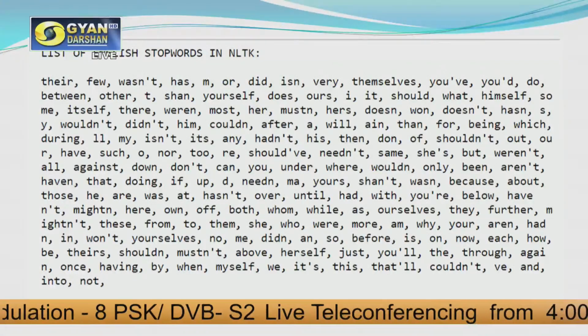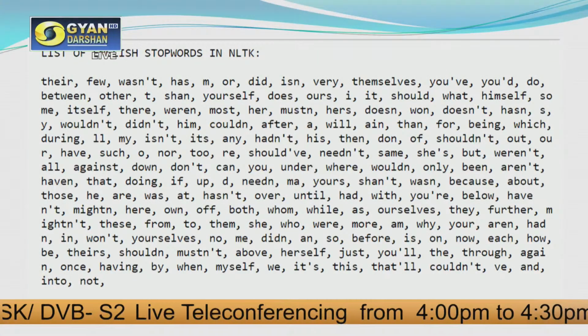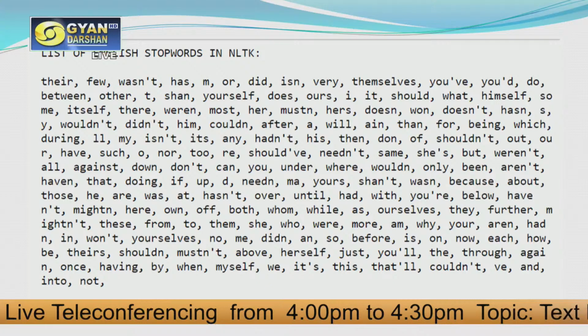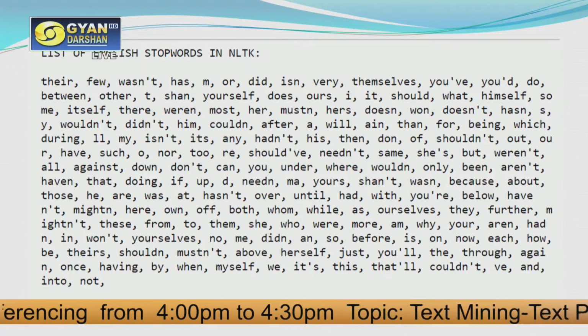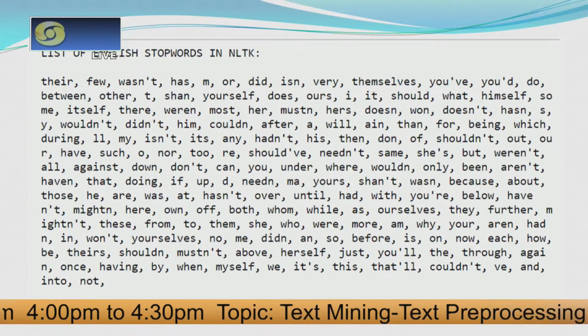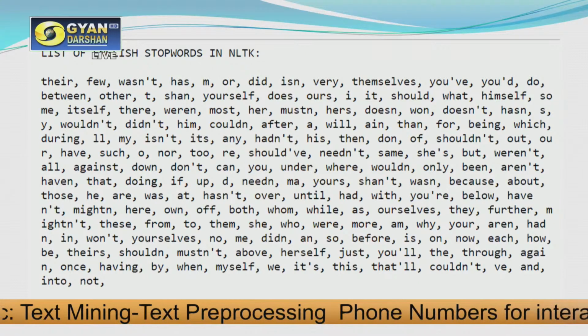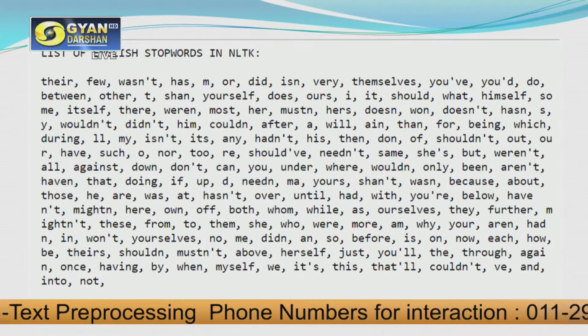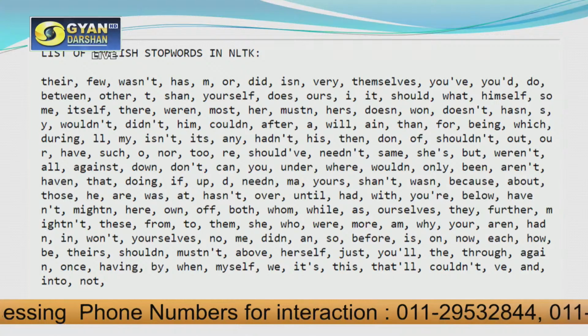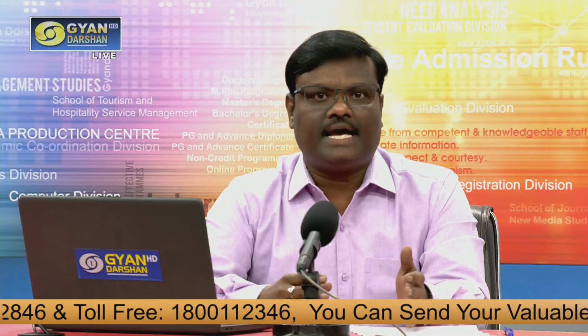These are the list of common words which we may be removing whenever we are doing text pre-processing. So there, few, was, not, has, is, am, I, all these things. There is a huge list of stop words. In Python programming, whenever you implement the removal of these stop words, there is a toolkit available as a library, NLTK, the Natural Language Toolkit.